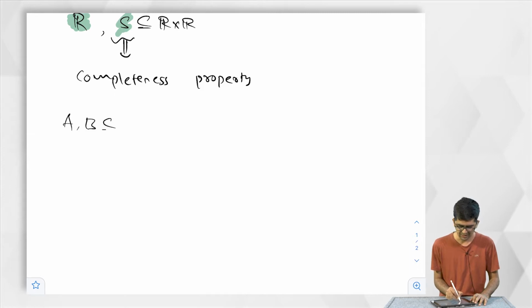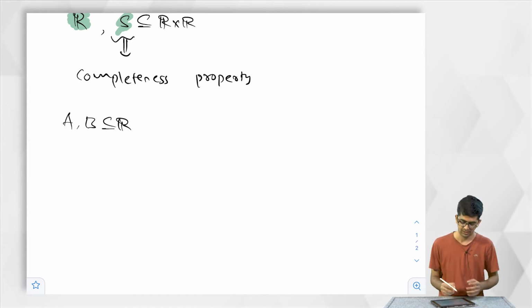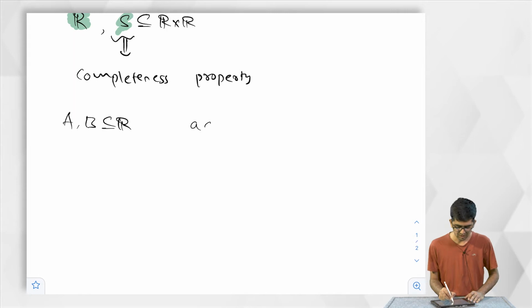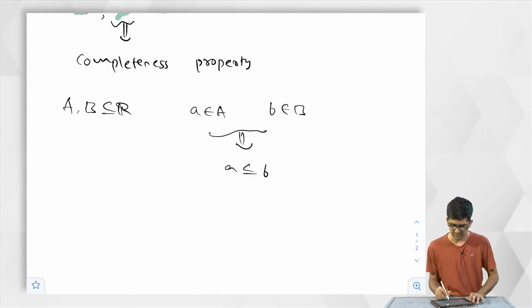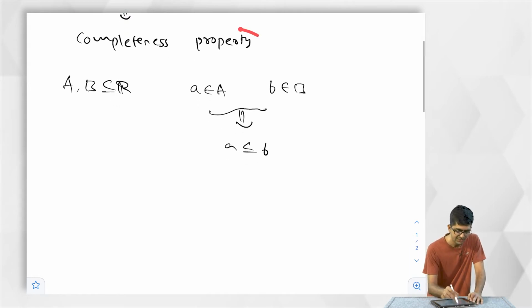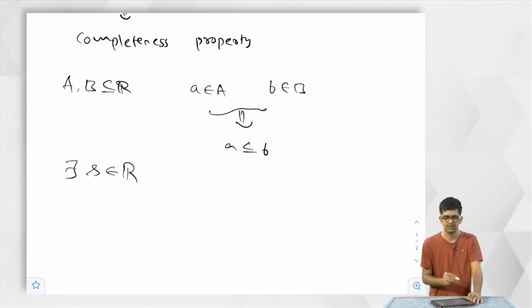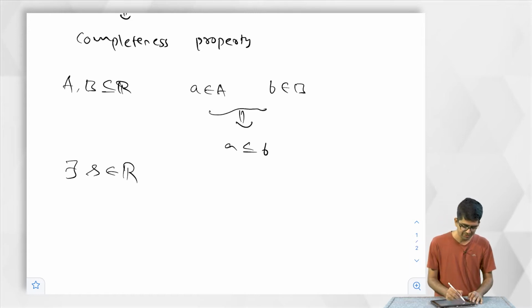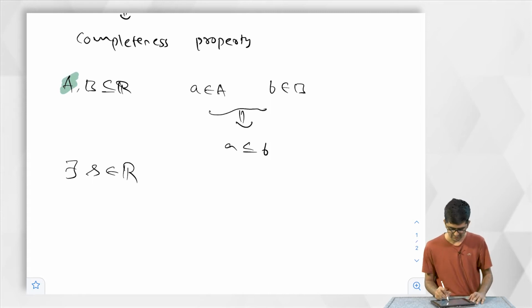two subsets of R, A and B, with the following property: if I take an element a of A and an element b of B, then a is less than or equal to b. If this is the case, then the completeness property says there is an element s belongs to R such that every element of A is less than or equal to s.